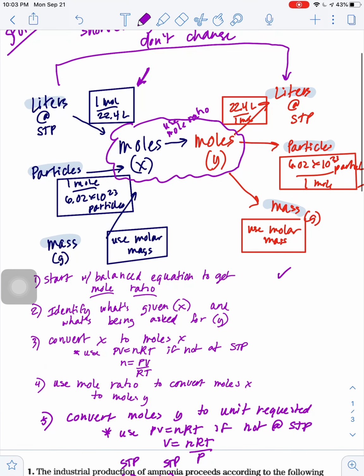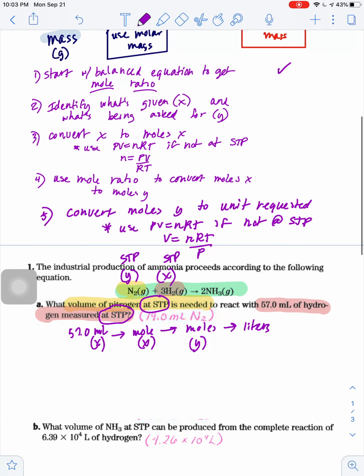Okay, now, what's going to happen if I use, let's see, 1 mole has 22.4 liters at the beginning, and I have my mole ratio in the middle, and then at the end I have 22.4 liters makes 1 mole. Can you see what's going to happen there? Those two are going to cancel each other.